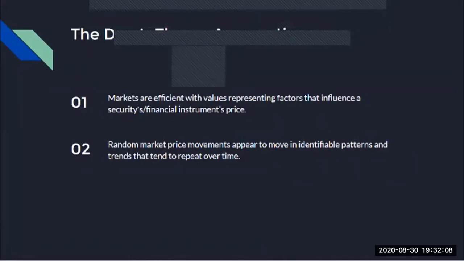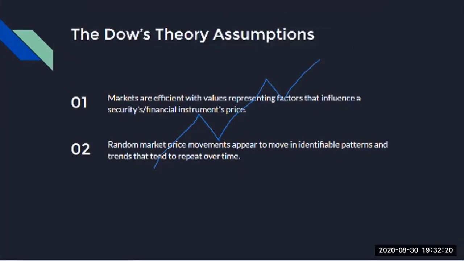Let me see if I can draw. Okay, so an uptrend will look something like this. You understand? So this is an uptrend, and a downtrend will look something like this. You understand? So you can see that over time, prices, let's say this was January, and this was December.